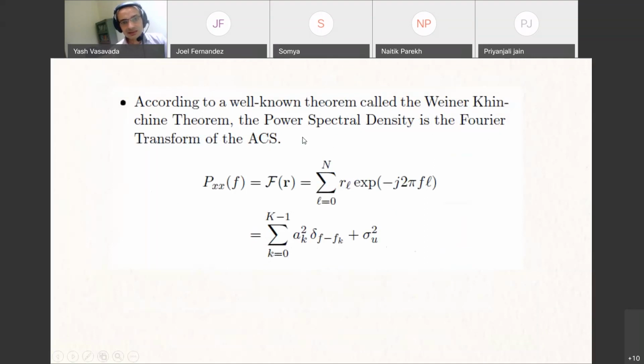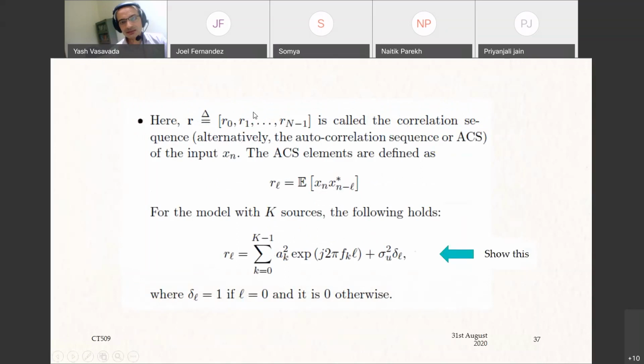What this theorem says is that if I take the Fourier transformation of this sequence, although this sequence is not dependent on the actual time index n, it is instead dependent on this delay index L. Remember, time and delay are not the same. They are kind of the same, but not the same. There is a subtlety here that I think you have to get your arms around.